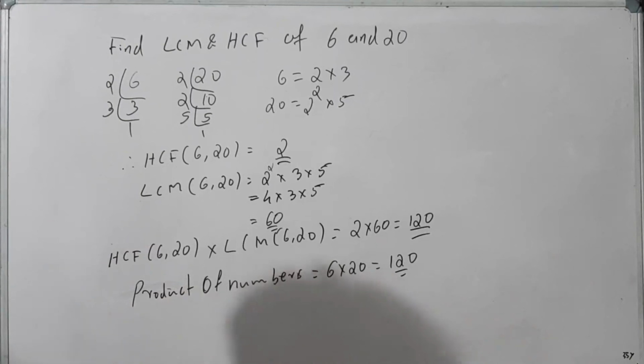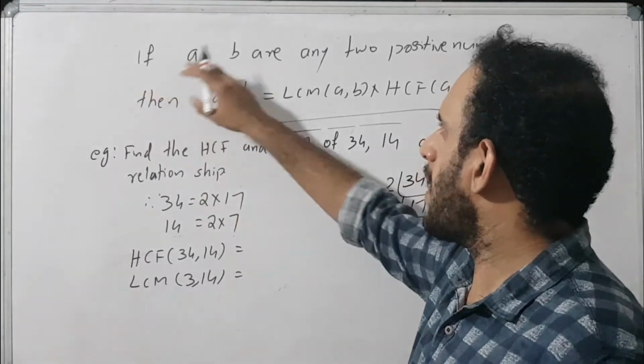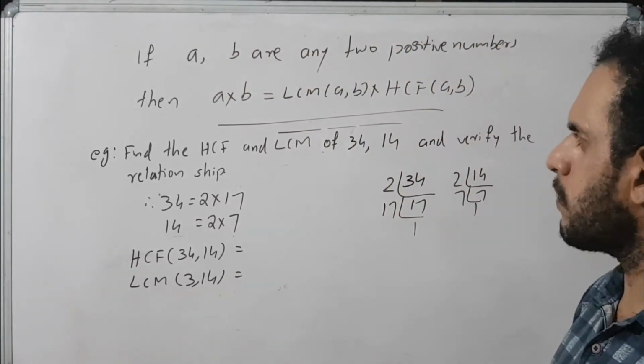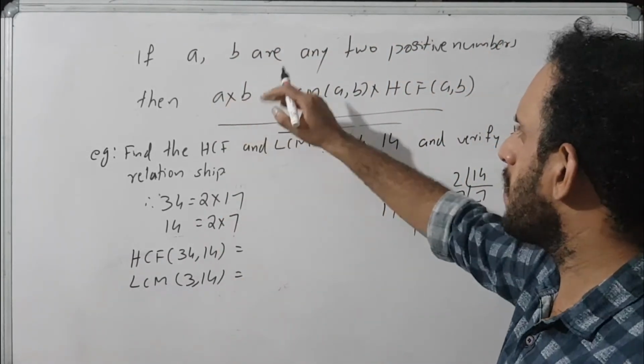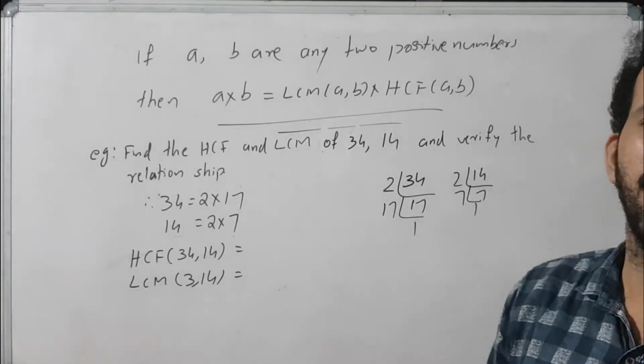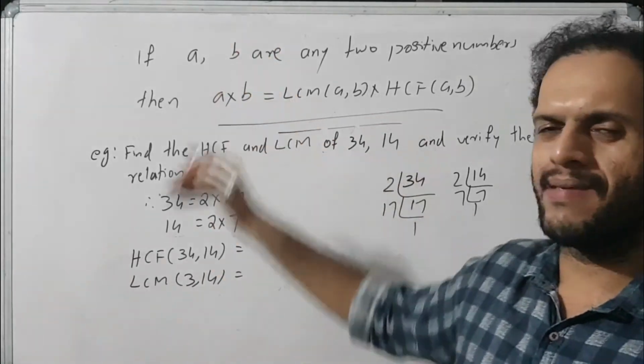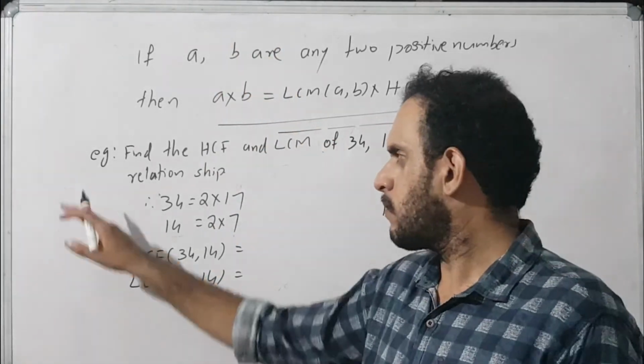On the basis of this we create an idea: if A, B are any two positive numbers, then A into B is equal to LCM of A, B into HCF of A, B. So a question based on this idea came like this.